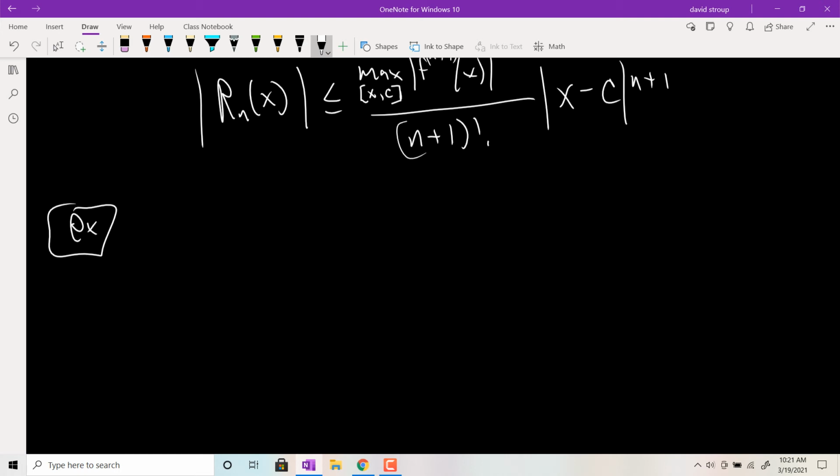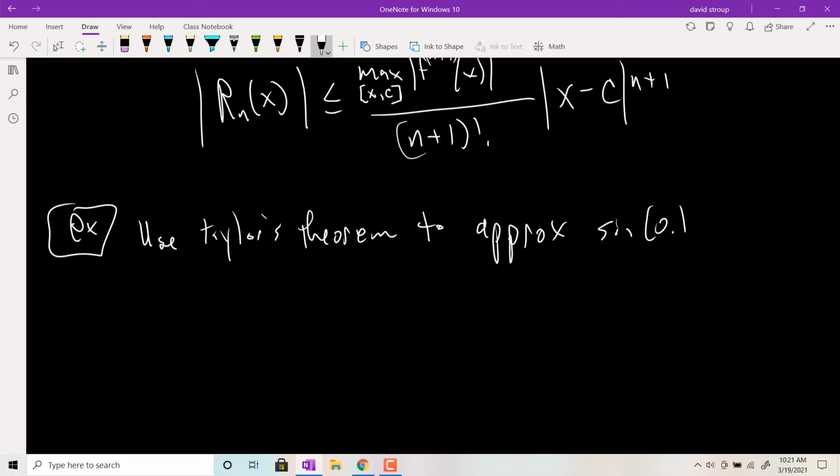Okay, so in this example, we want to use Taylor's theorem, or Taylor's inequality, to approximate sine of 0.1 with the third degree polynomial p sub 3, and they want you to determine the accuracy.